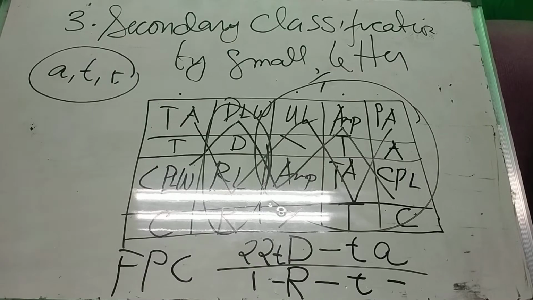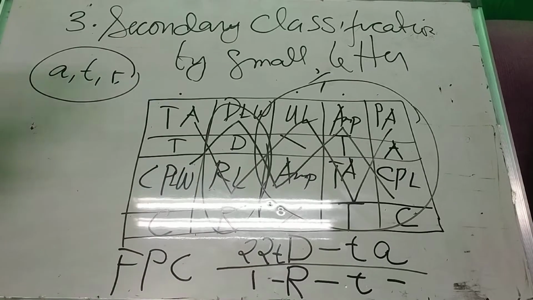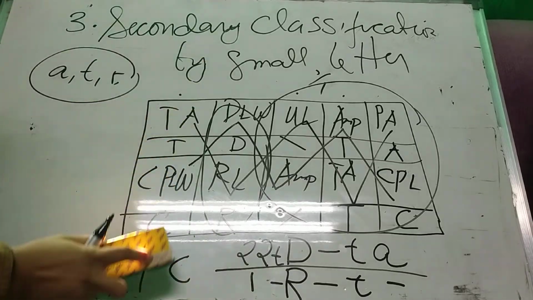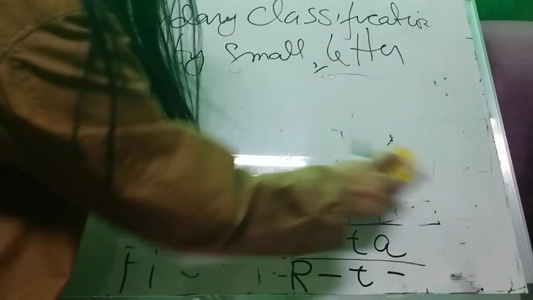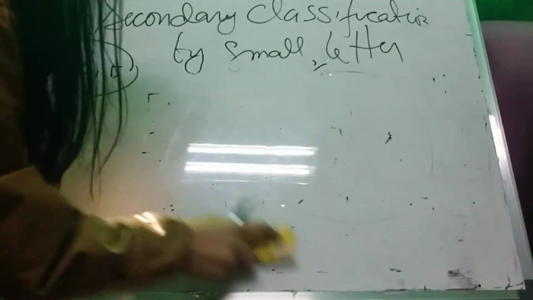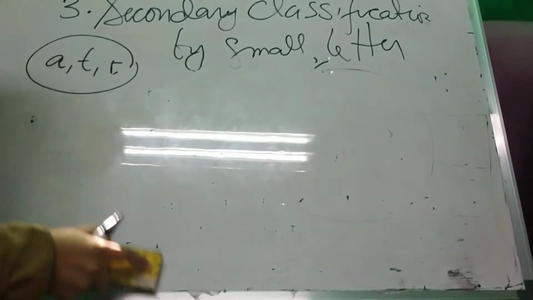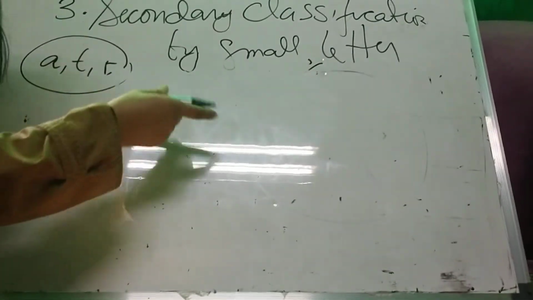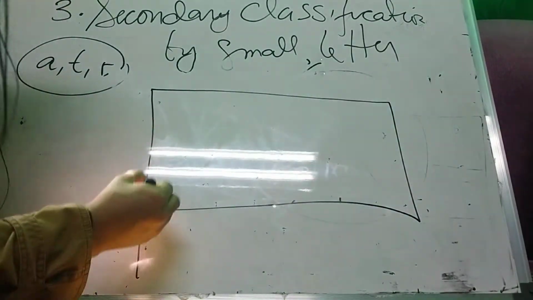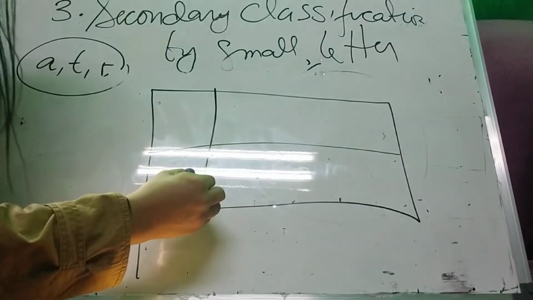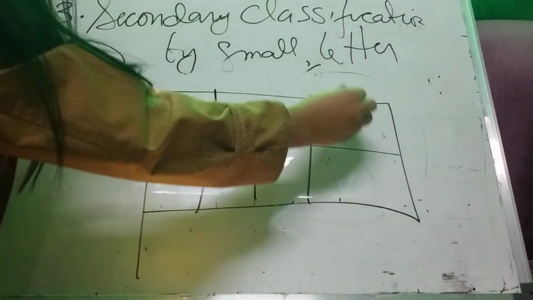Do you want another example? Okay, I will just give you another example for ATR. Listen carefully. I will just give you directly the symbol. 1, 2, 3, 4.